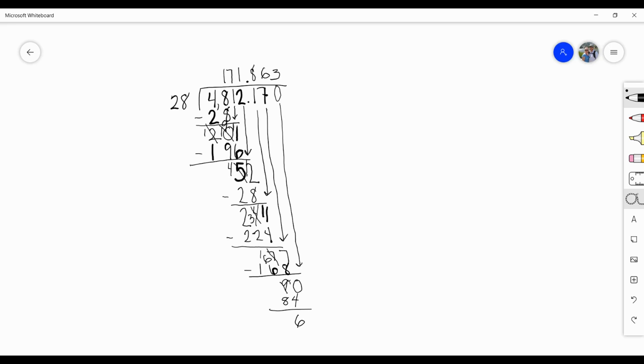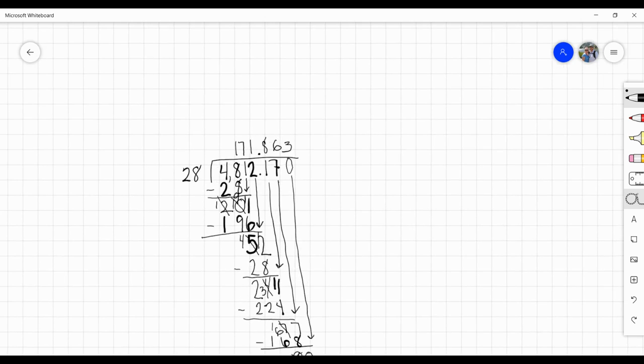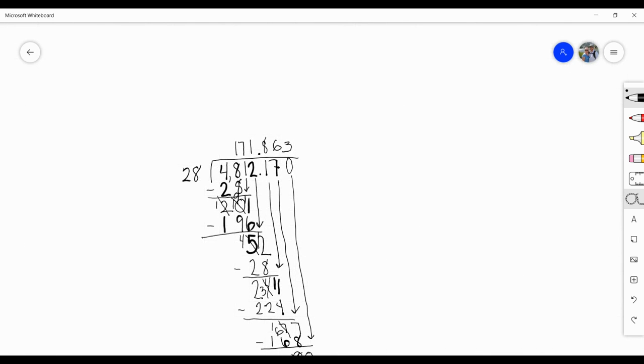This is not a remainder, but we are stopping there because at the beginning, I said we would go to 3 decimal places, and then we needed to round the 3 decimal places to the nearest hundredth. My answer currently is 171 and 863 thousandths. We're going to round to the nearest hundredth.